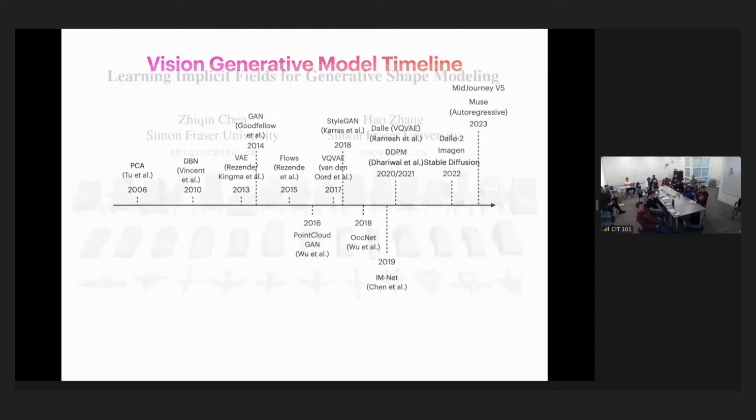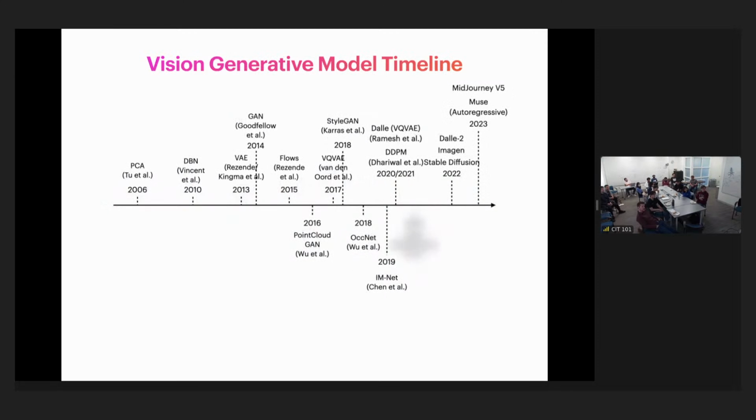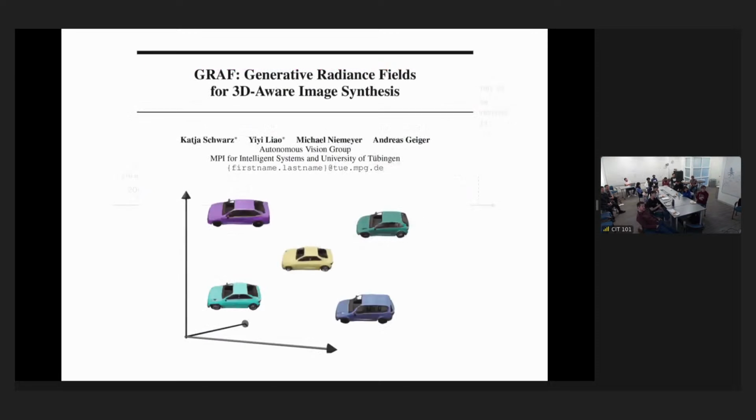In 2019, there's the IM-NET paper that improves upon these implicit-representation generative models and generates higher-quality 3D shapes. In 2020, there's the famous GRAF paper, where you could generate texture and geometry at the same time, I think with NeRF as a representation.